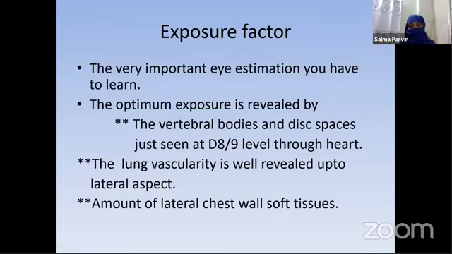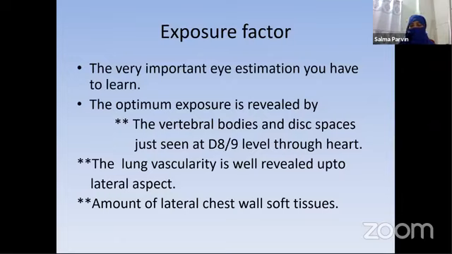The optimum exposure you have to study by a few things, like the vertebral bodies and the disc spaces just seen at the D8, D9 level through the heart. If these vertebral bodies are not at all seen, you can conclude that this X-ray has a substandard exposure or is an underexposed film.